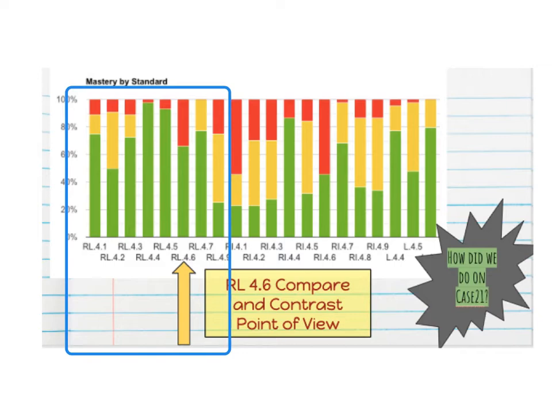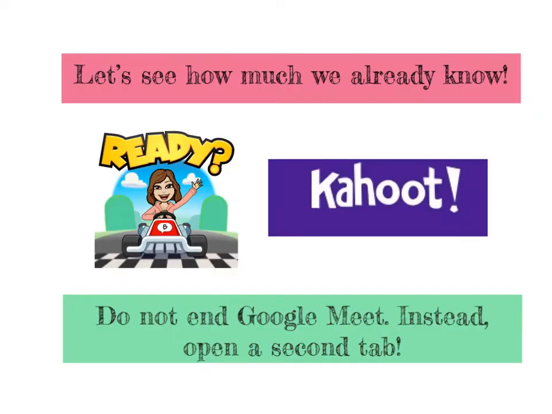It doesn't mean that it was low for everyone. It just means that it is worth our time to go back to and to look at and to move into mastery or to stay in mastery. So once again, this is why we're focused on comparing and contrasting the point of view. Now today we're going to begin with a little bit of a different strategy.